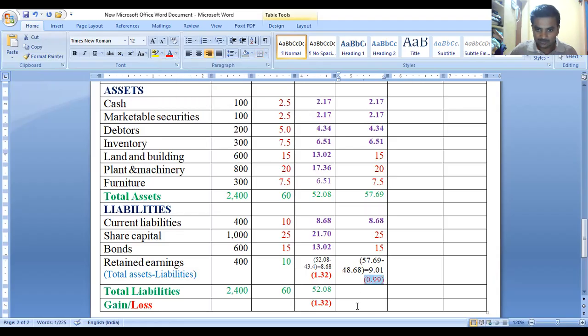So again, the total assets must match the total liabilities, that is 57.69.